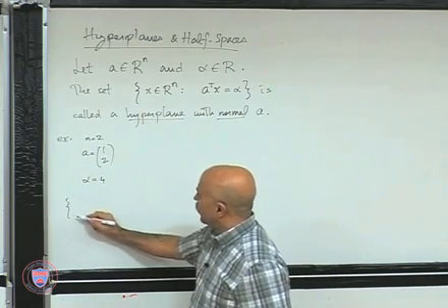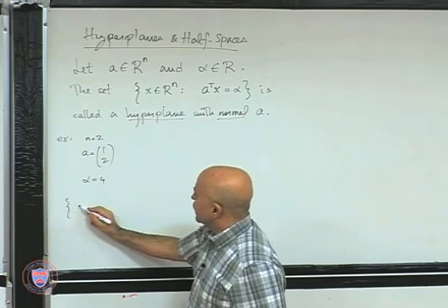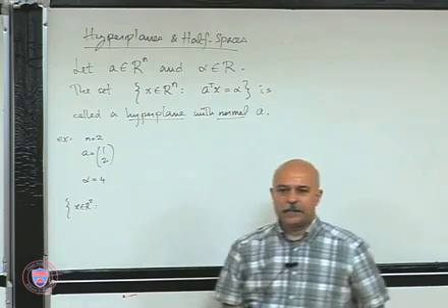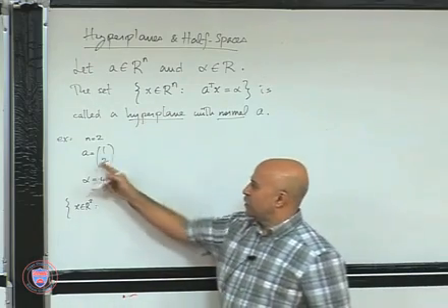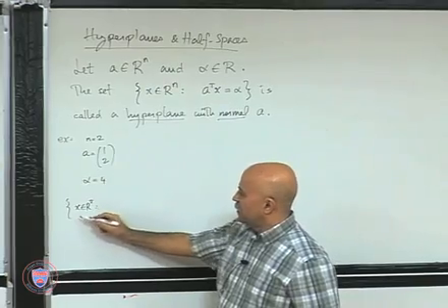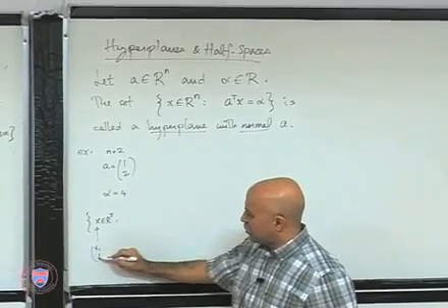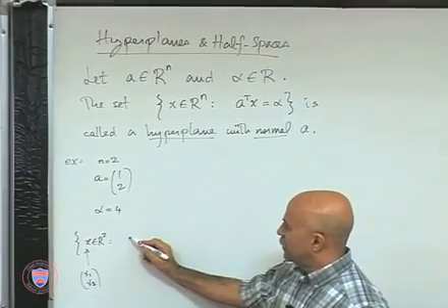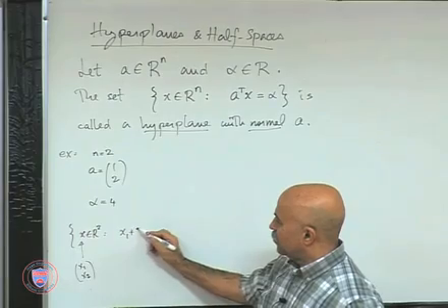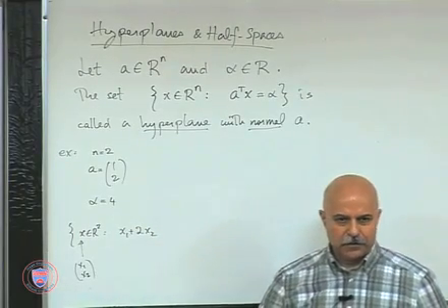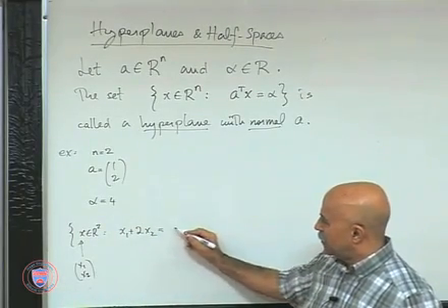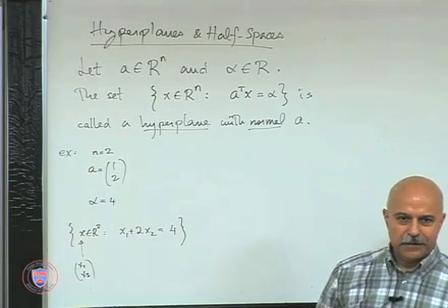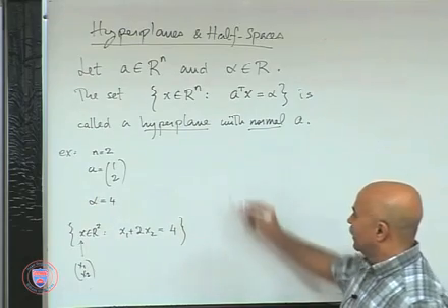I'm looking at the set of points x in 2 dimensions where A transpose times x, with x being the vector x1, x2, gives x1 plus 2x2, and you require that to be 4. That's the equation of a line. It's really simple. So that's your hyperplane.